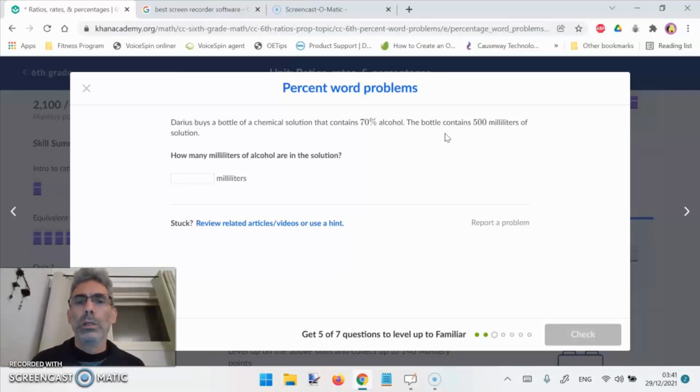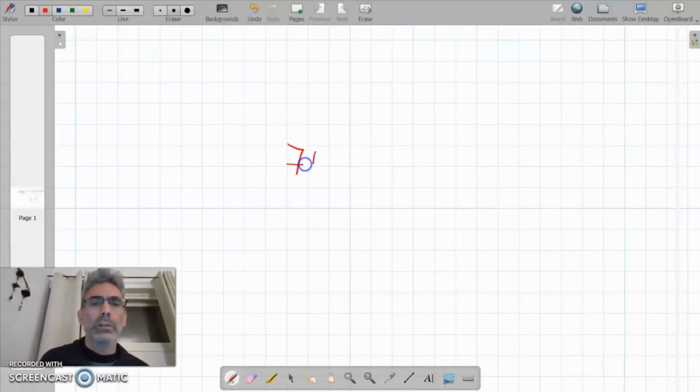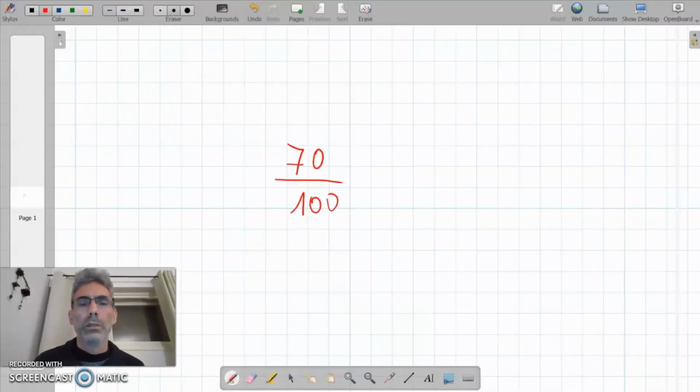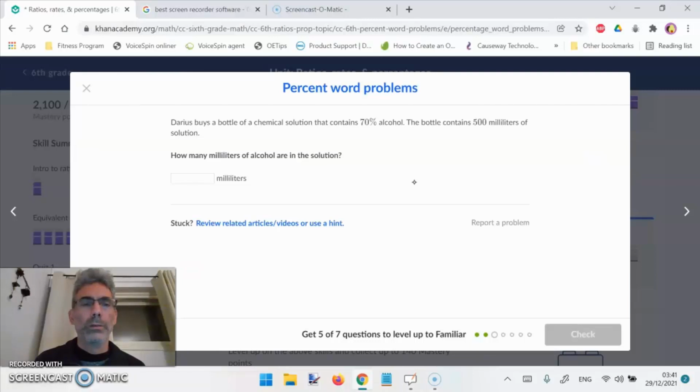Okay, so 70% times 500. 70 hundredths are 70% times 500, which is the contents of the bottle.